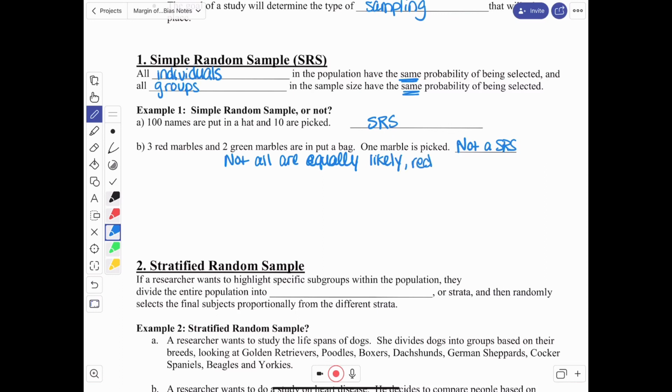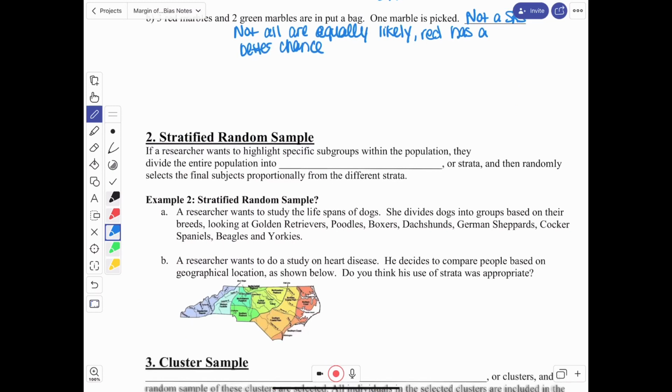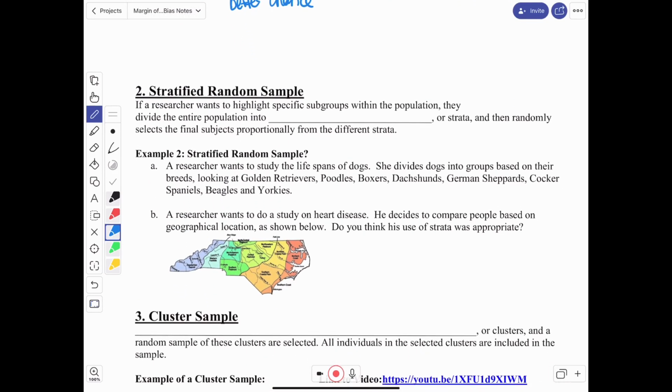Red has a better chance because there's more red. There's more red than green. So this is not a simple random sample. Okay, if it was 3 red and 3 green, then it would be. Okay, so that's why.